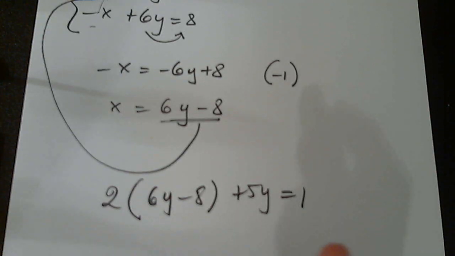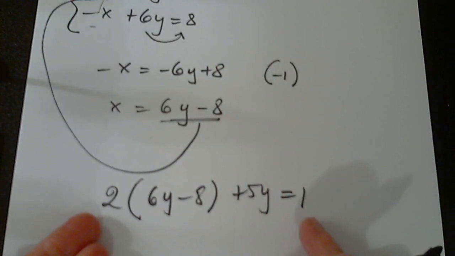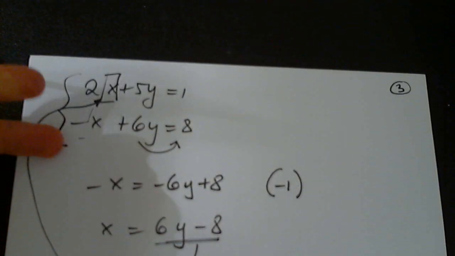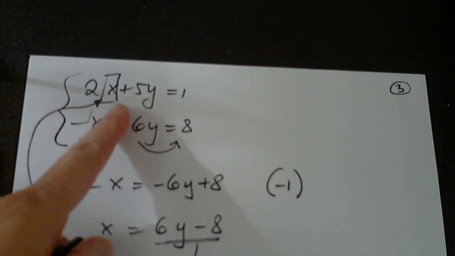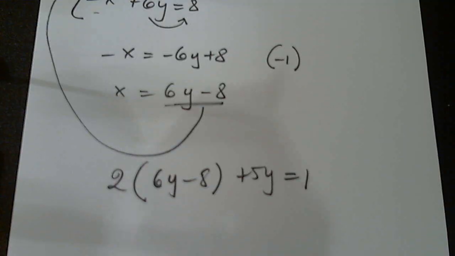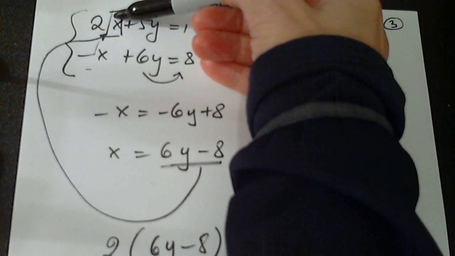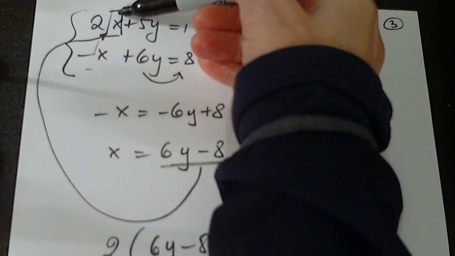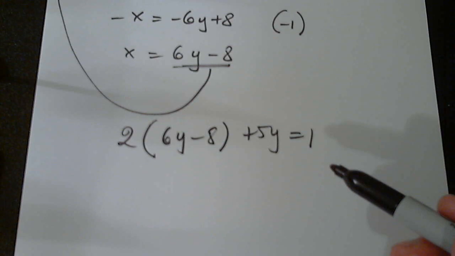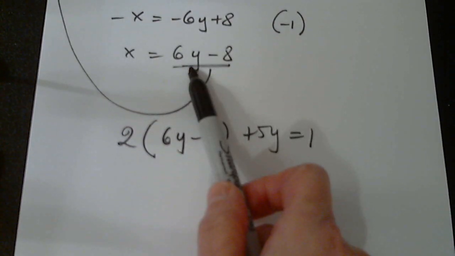This is a manipulation in a way so that I can create an equation with only one variable, because that's the only one I can solve. I don't know how to solve an equation with two variables, right? But if I somehow manipulate, which I just did, solve for x and plug in 6y minus 8 back in the first equation, now I have an equation with only one variable. And now this I can solve. Once I solve this, then I go back and find x.